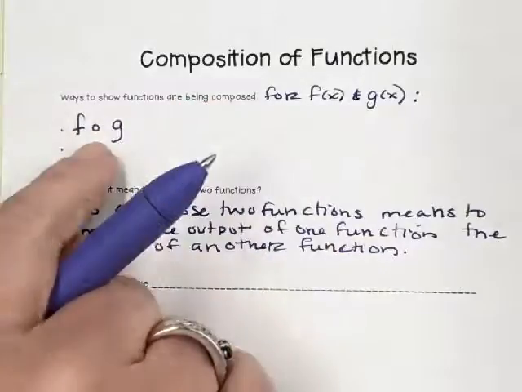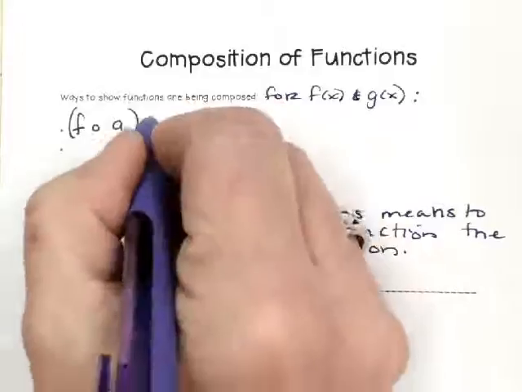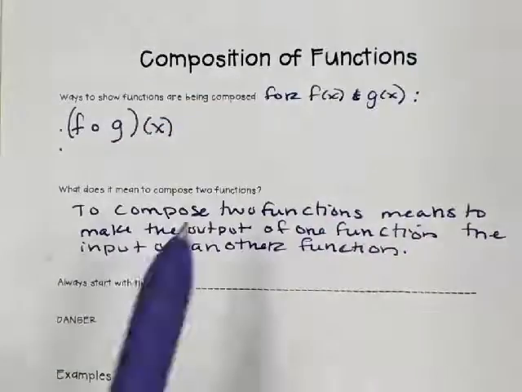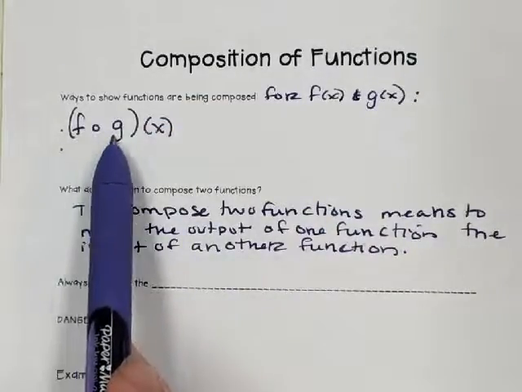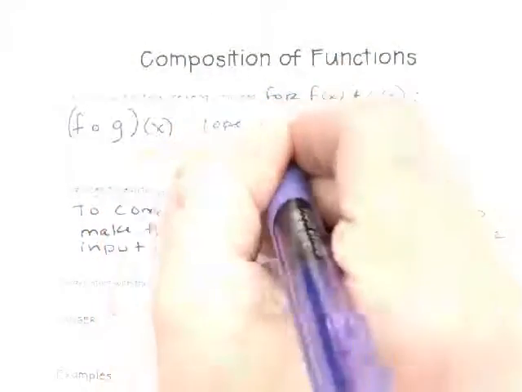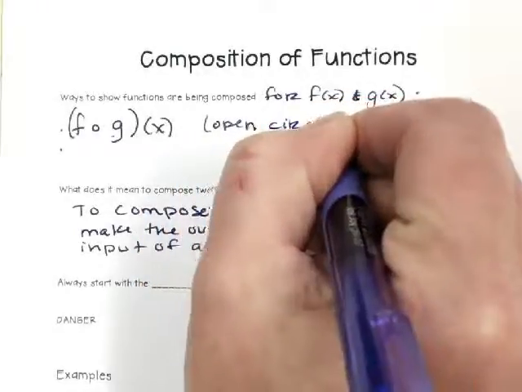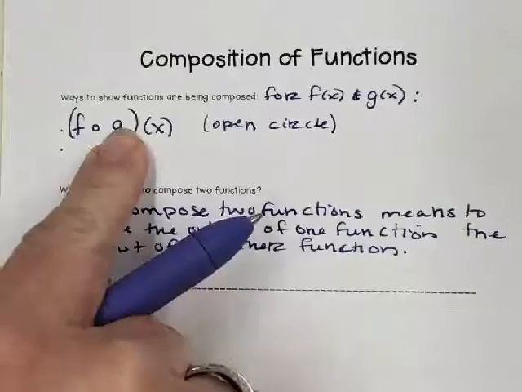That's an open circle. It looks like you're spelling the word fog. That just means I'm doing f composed with g of x, and we use that as an open circle. It's not an O like the letter O. It's an open circle between the two names of the functions.